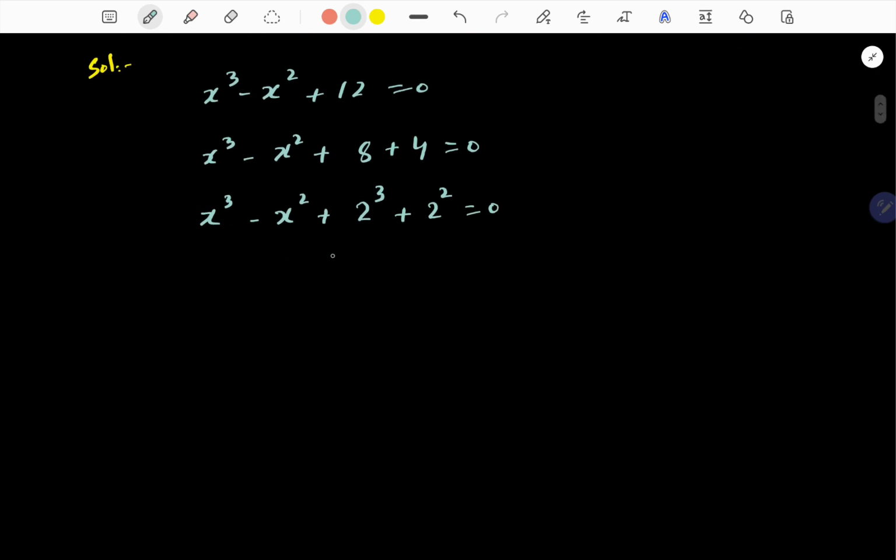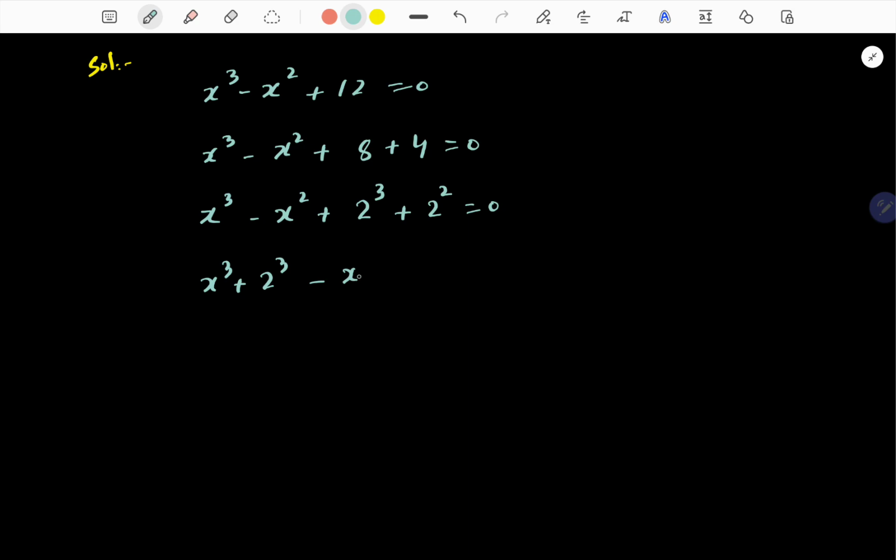Rearranging the terms, we will get x cube plus 2 cube, and plus, or you can write minus, taking minus common, minus x square plus 2 square is equal to 0.